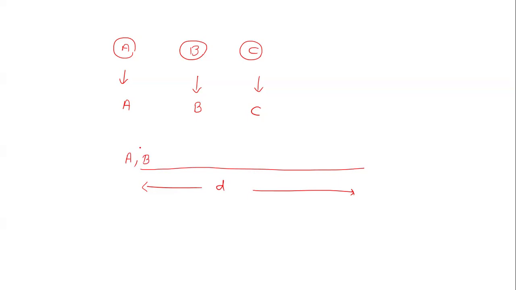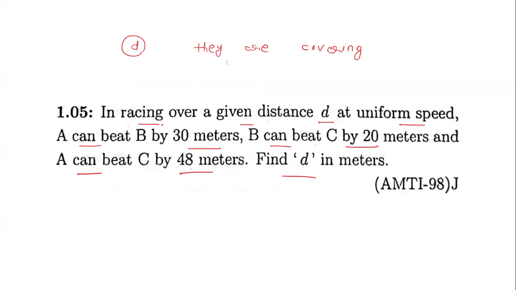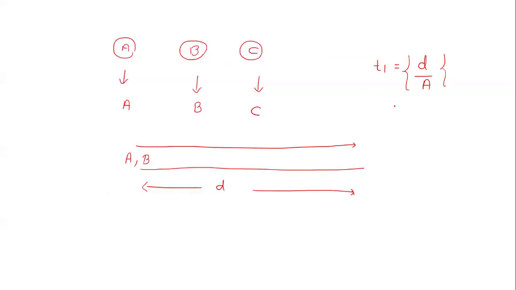Initially we look at persons A and B. A starts from here and covers this distance D. Let's say t1 is the time taken by A. So t1 is D by A, distance divided by speed. In that time, B covers 30 meters less. A can beat B by 30 meters, so B is also running but reaches only up to this point, and this 30 meters is left.